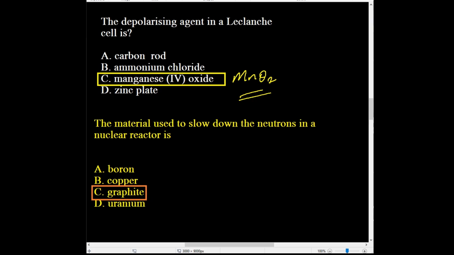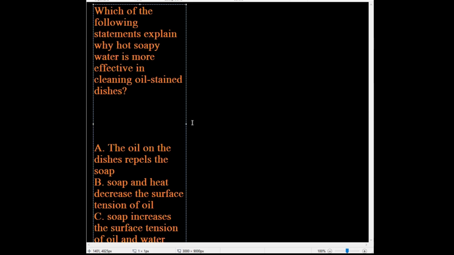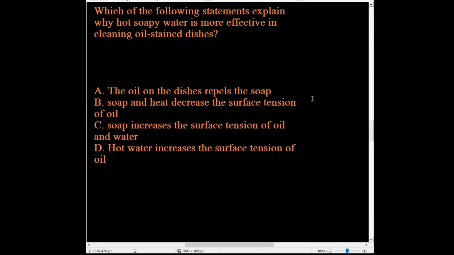So the next one is for Mercy. Which of the following statements explain why hot soapy water is more effective in cleaning oil-stained dishes?